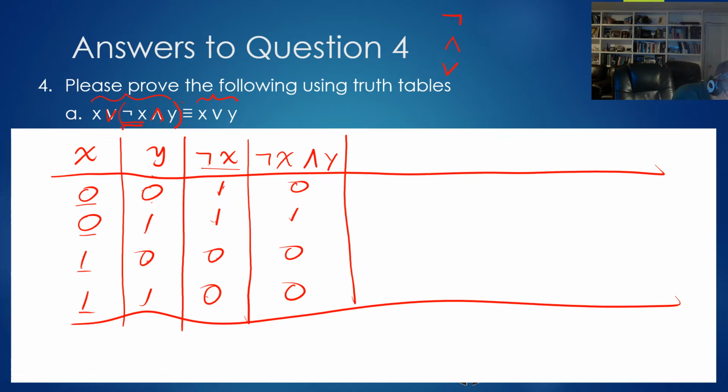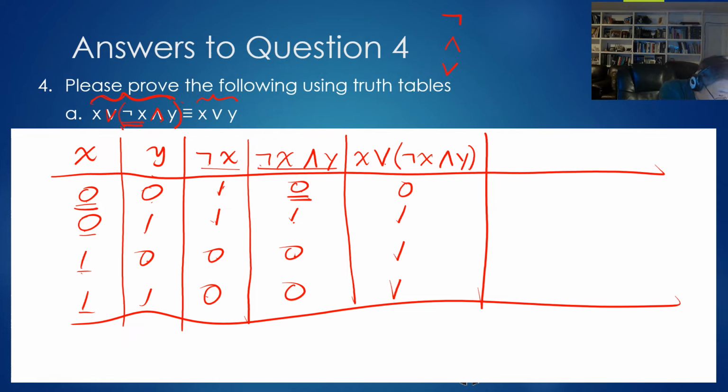So the left side is x or (negation of x conjunction y). You take x and this expression. So 0 or 0 is 0. 0 or 1 is 1. 1 or 0 is 1. 1 or 0 is 1. So that's the left side.